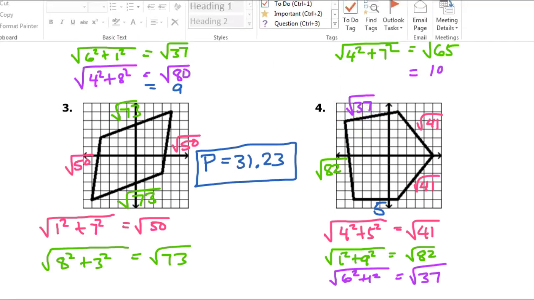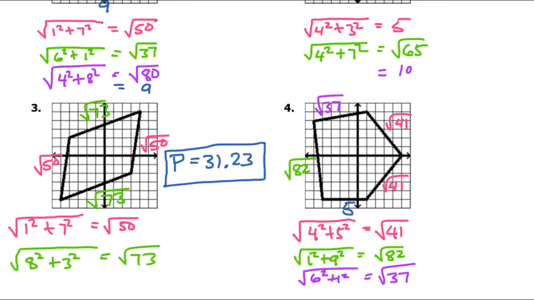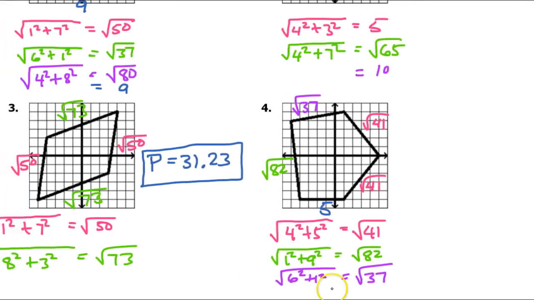All right, now it's time to write the perimeter. We can just add up these 5 lengths.